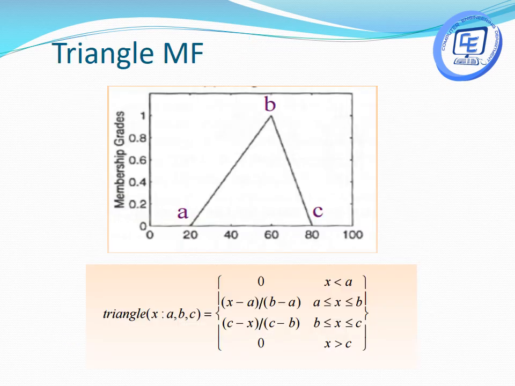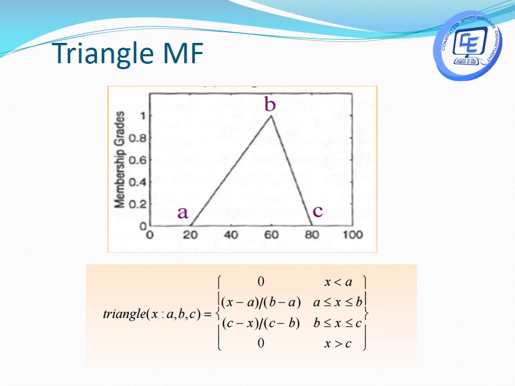Now talking about equations, in this diagram the x-axis has elements and the y-axis has membership degrees. We have a triangle ABC, and the range is between 20 to 80. The triangle has the equation: if x is below A, then it will be 0.